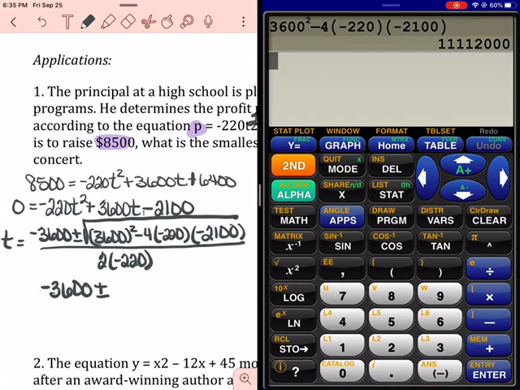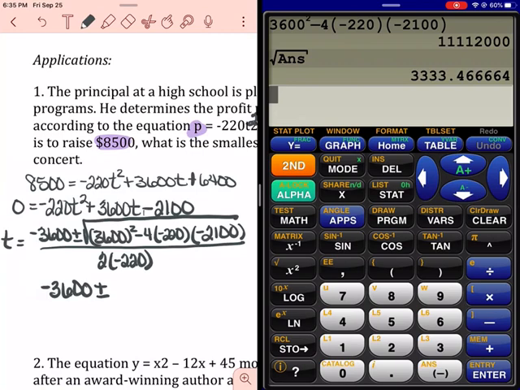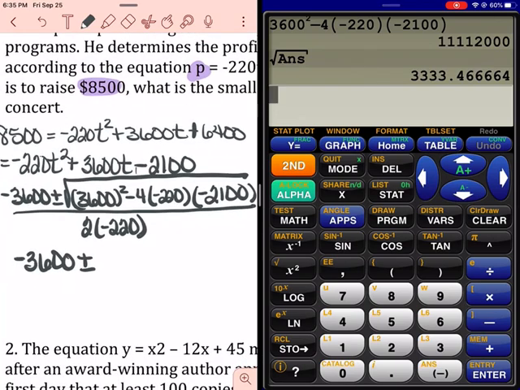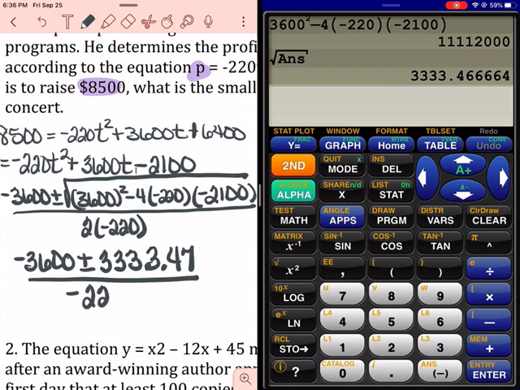Okay, that's a very large number that we're going to take the square root of. Okay, all right, that's better. Okay, we're going to round to 2 decimal places.